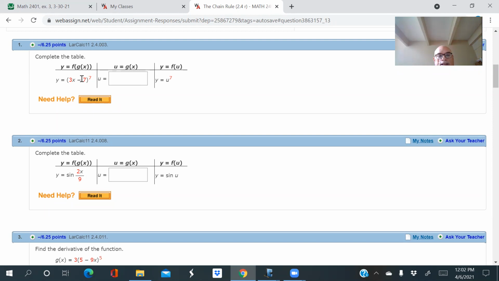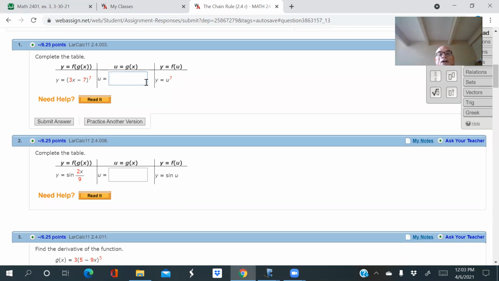What you really have here, Donna, is an expression raised to a power. What they want to know is what is the expression in this function, what expression are you raising to the power here? 3x minus 7.